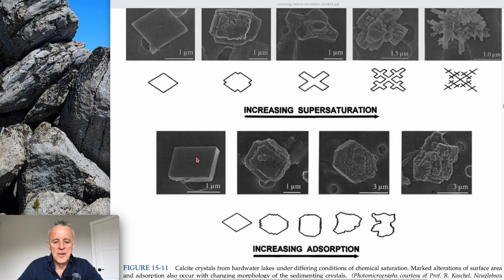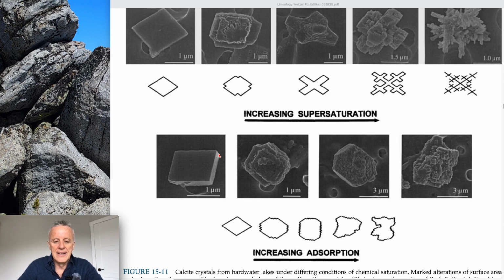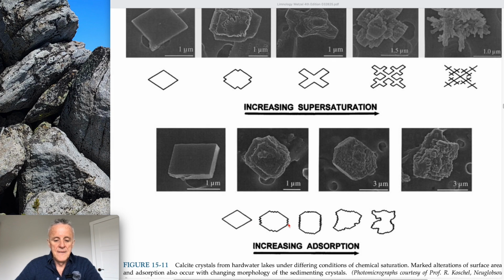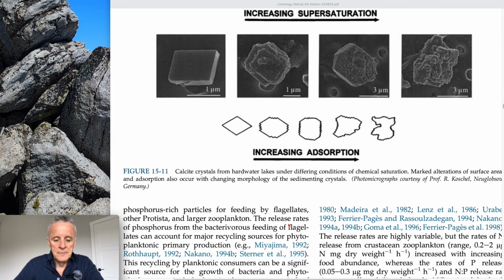So we start with a very geometrically clean polygon here, and we end up with this polygon that has multiple layers of phosphate on top of its surface. And you can see the growth of that surface. So first it mimics the general pattern of the crystal itself, and then it starts a random pattern of crystallization here, and we can see that in the figure that is presented here.